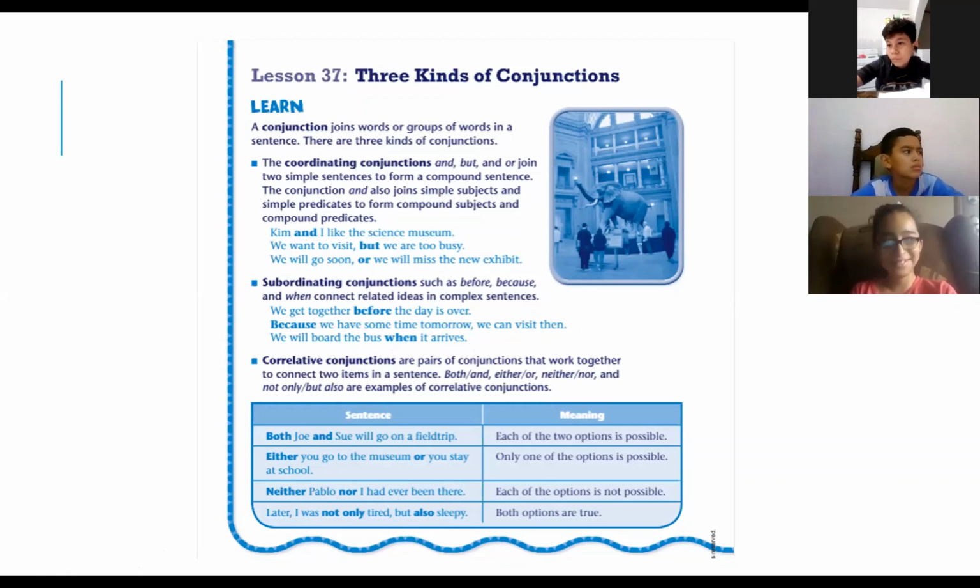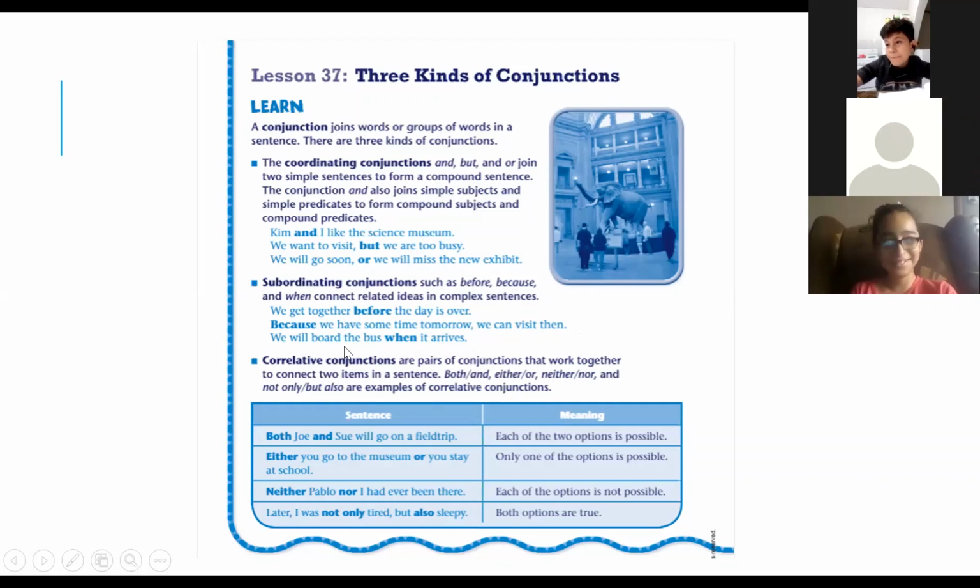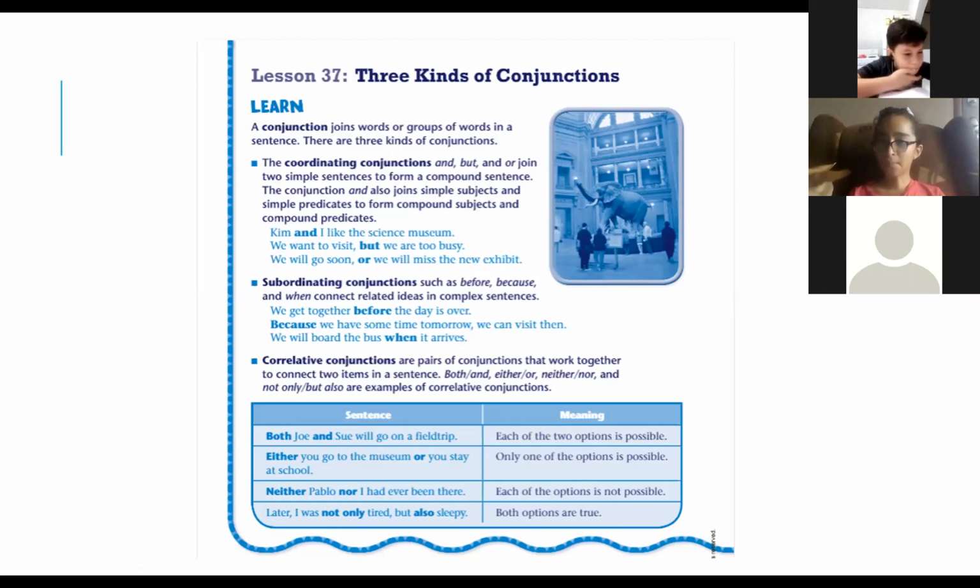I have a little question. What does nor mean? In page 165, in part B, exercise number 1, it says, I'm not only happy, and you put, and, but it says nor.